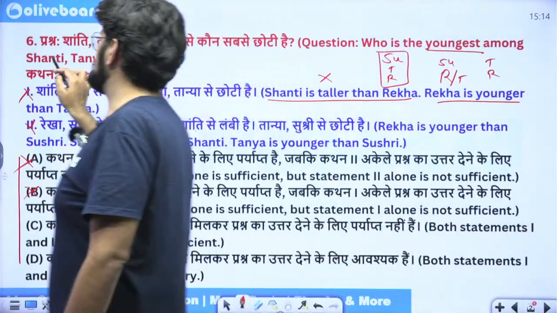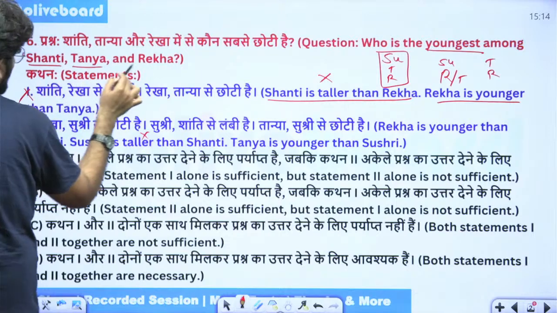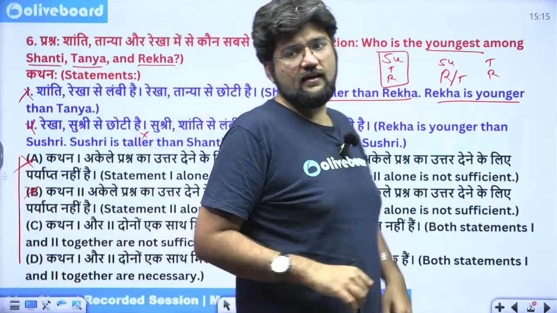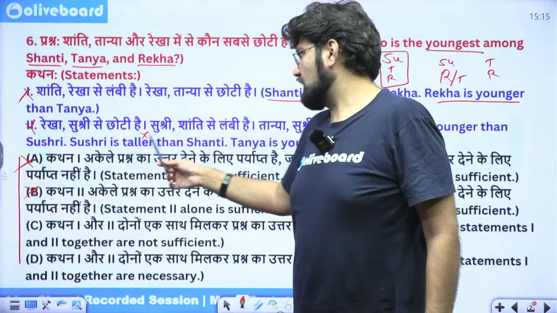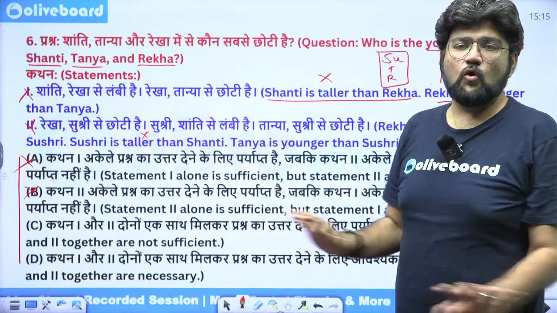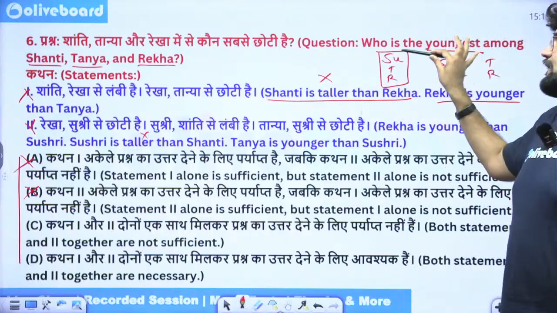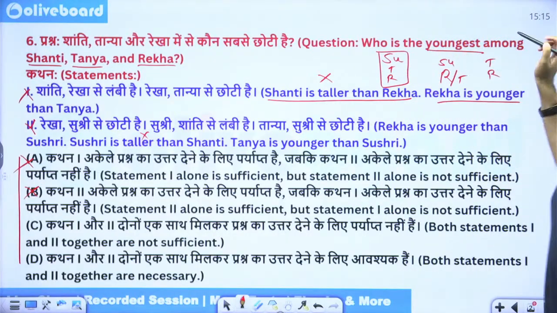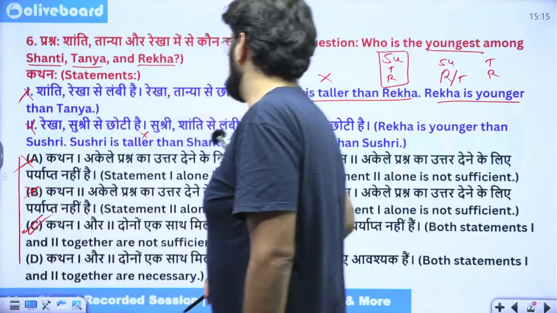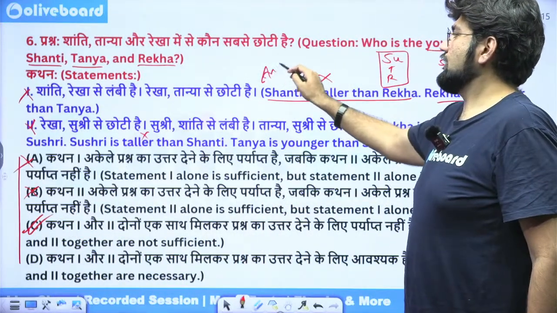The question asks about Shanti, Tanya and Rekha, and here you are talking about Sushri, Tanya and Rekha. Between Sushri and Shanti, we just know that Sushri is taller than Shanti, but we have no information about Shanti being elder or younger. Hence my answer here is that both together are not sufficient to answer my question.